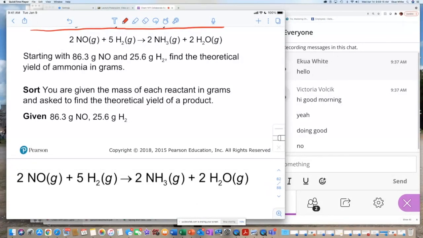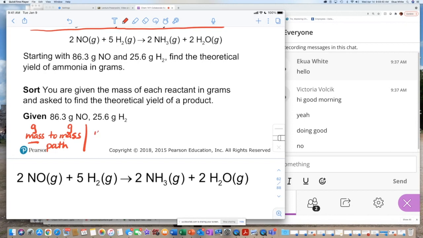Let me write the mass to mass conversion path. This means your given is a mass. Your wanted is also a mass. So you're starting from a given to a wanted. This is the path. I'm going to illustrate it on the right.